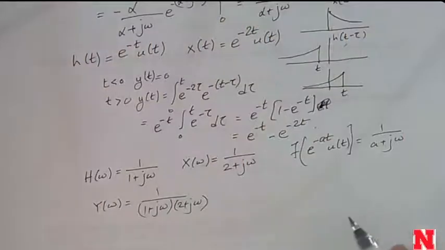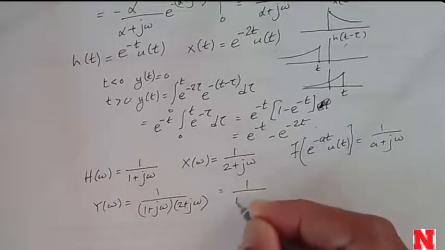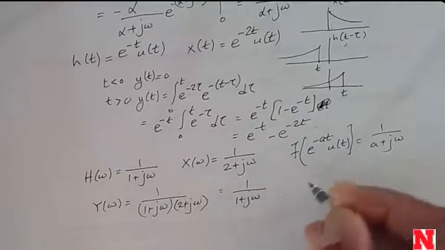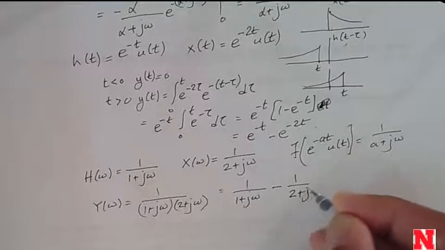Okay, so I used partial fraction expansion here, and what I got was, let me write it out, this was equal to 1 over 1 plus j omega minus 1 over 2 plus j omega.